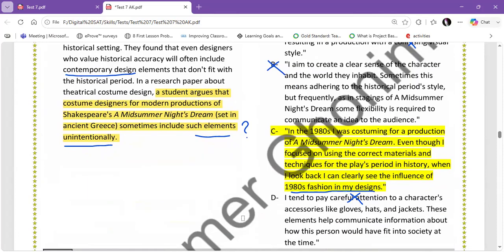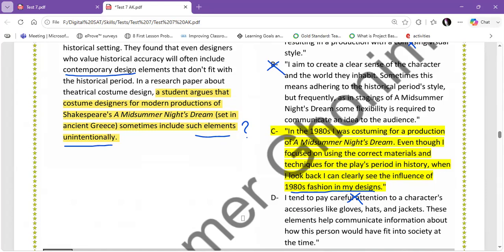In the 1980s, I was costuming for a production of A Midsummer Night's Dream. Even though I focused on using the correct materials and techniques for the play's period in history, when I look back, I can clearly see the influence of 1980s fashion in my design. Because she is in 1980.